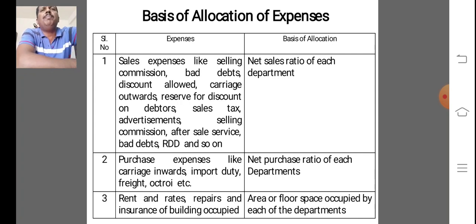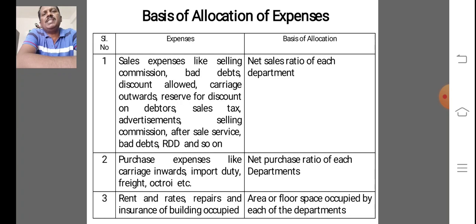Suppose in step number one, that is preparation of departmental trading account, certain items of direct expenditure are involved, that is freight charges and carriage inwards for purchases. These expenses can be allocated on the basis of ratio of net purchases of each department.